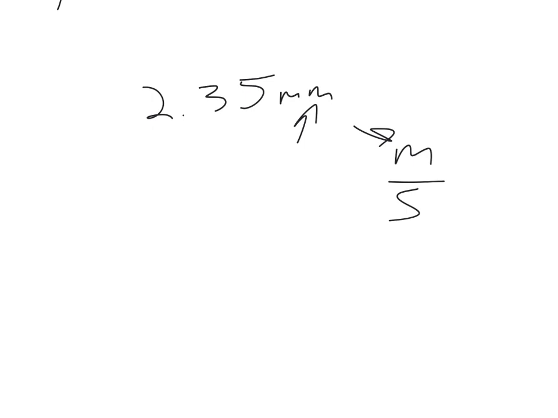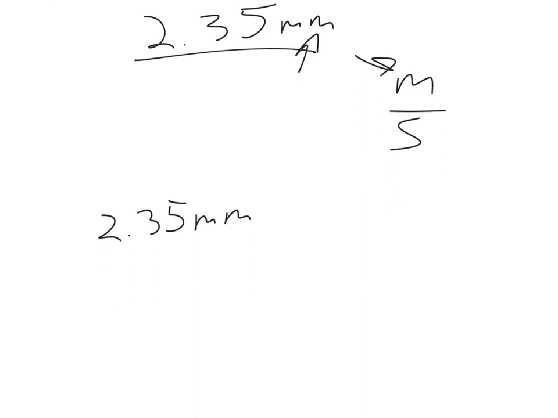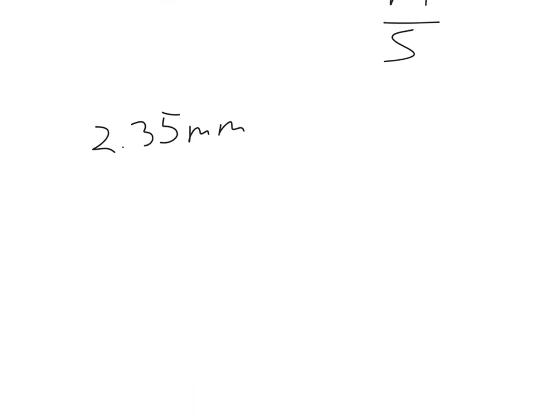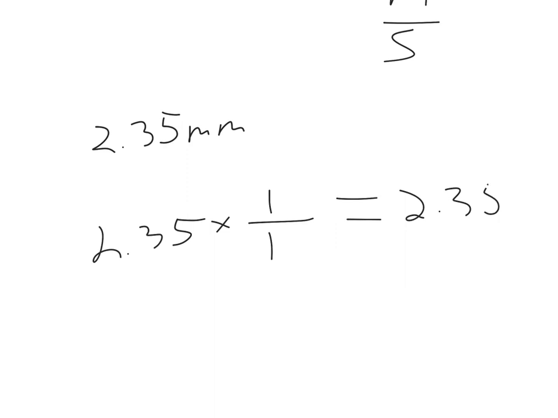So we'll do it like this. We'll take the number that you start with, that 2.35 millimeters, and we're going to multiply it by 1, essentially. Now, if you've never seen this before, here's how it works. If I took 2.35 and multiplied it by 1 divided by 1, I should get 2.35 back.